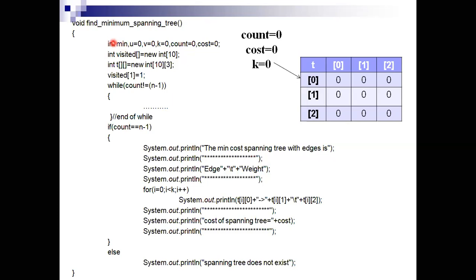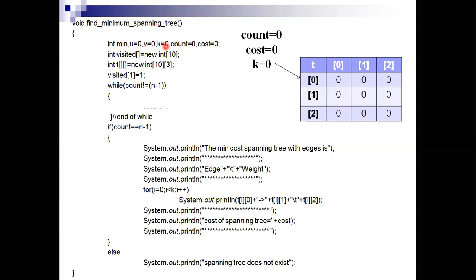Let us see how it has been used. And I have two variables, U and V. You can see U is the source vertex of the edge, which is in the spanning tree, and V is a destination vertex which is not in the spanning tree. U and V are initialized to 0.